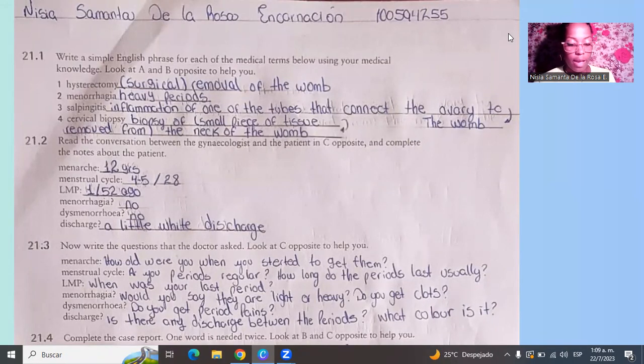Menorrhagia: heavy period. 3. Salpingitis: inflammation of one of the tubes that connect the ovary to the womb. 4. Cervical biopsy: biopsy of small pieces of tissue removed from the neck of the womb.